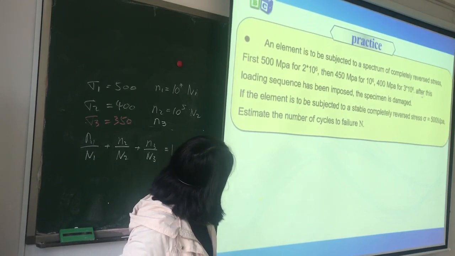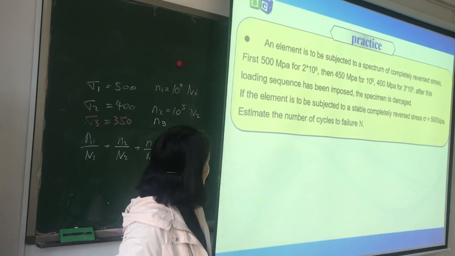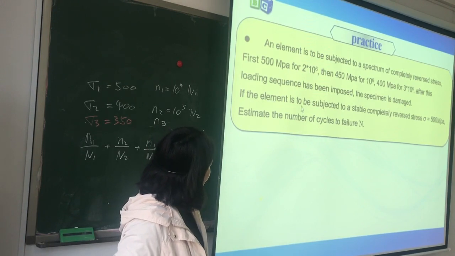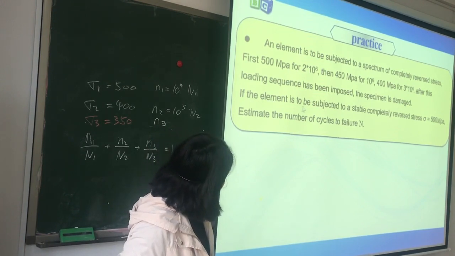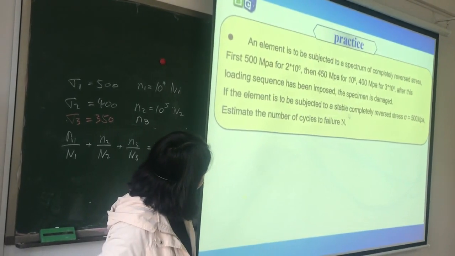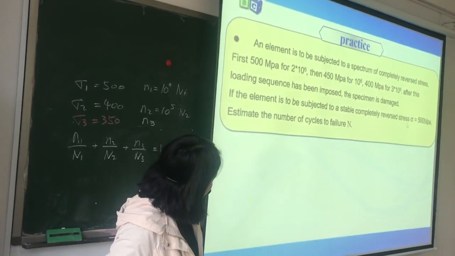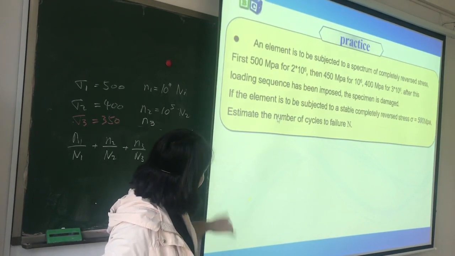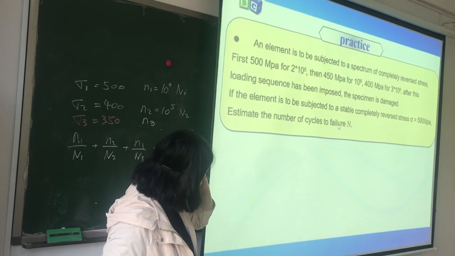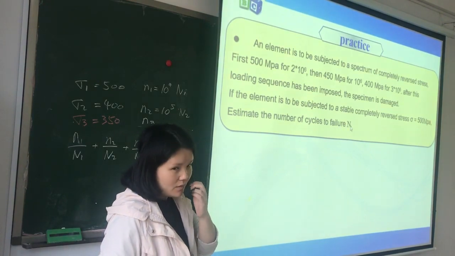After this loading sequence has been imposed, the specimen is damaged. If the element is then subject to a stable completely reversed stress, sigma is 500 megapascal. Estimate the number of cycles to failure N.